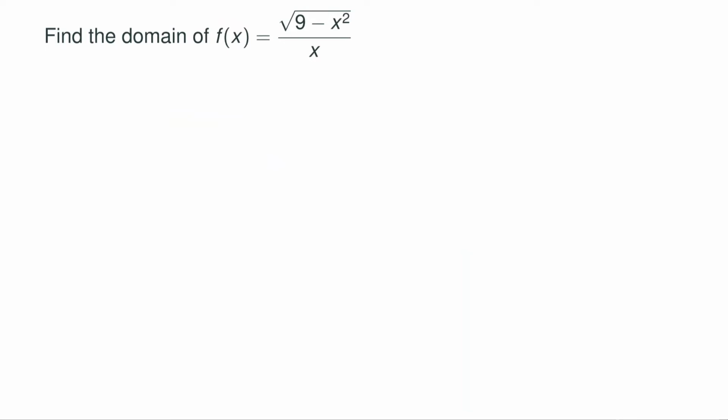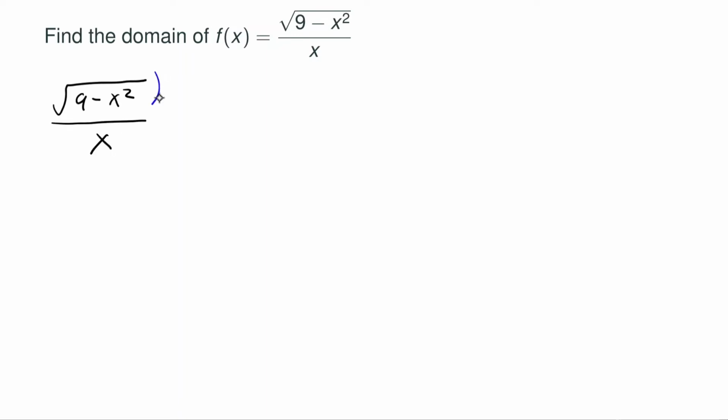Find the domain of f of x equals the square root of 9 minus x squared, over x. Again, let's look at the denominator and numerator separately. Then we'll combine the restrictions together.